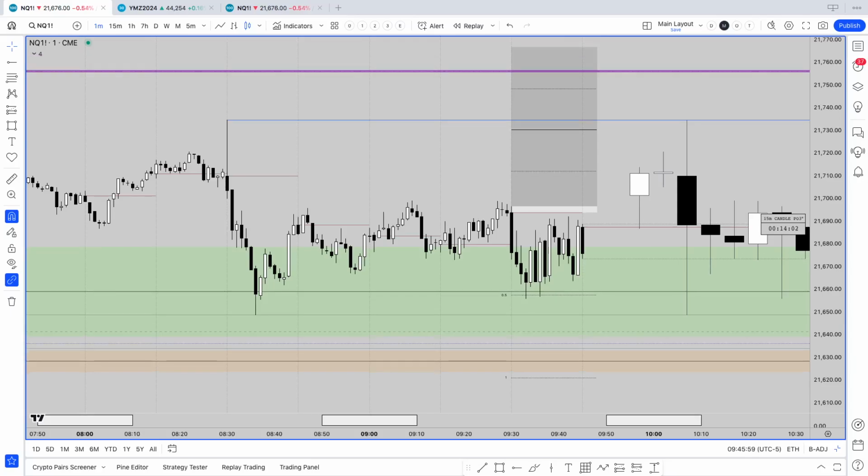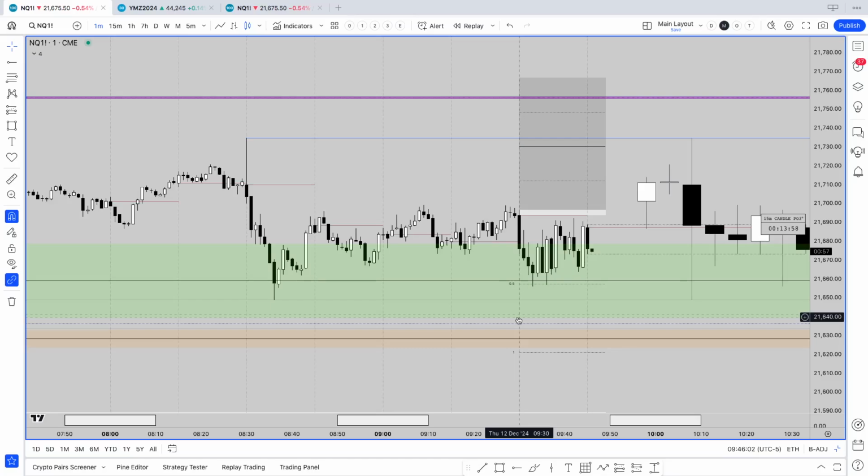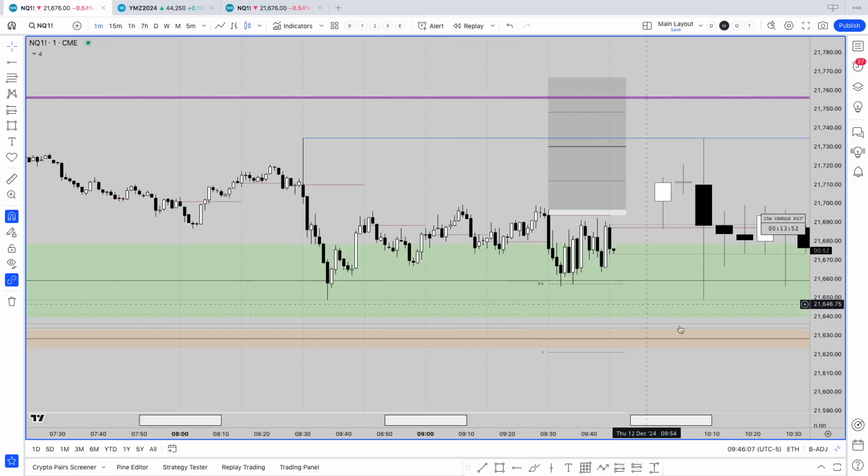Yeah, when we open at the 50% of the previous range, we usually have this kind of opening. No fair value gap, no displacement, no speed.